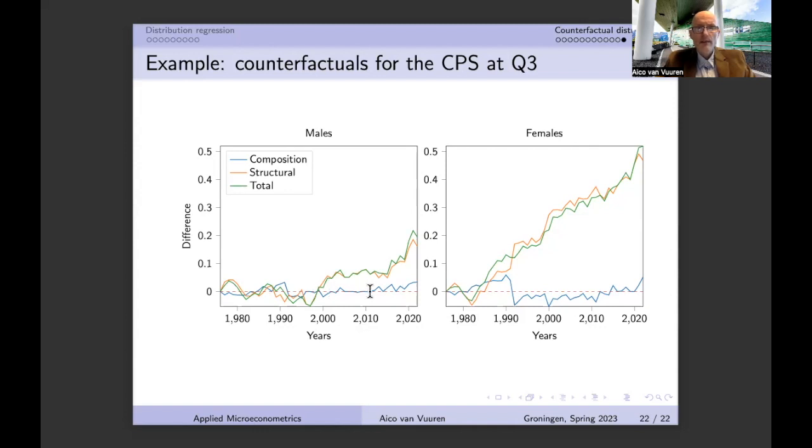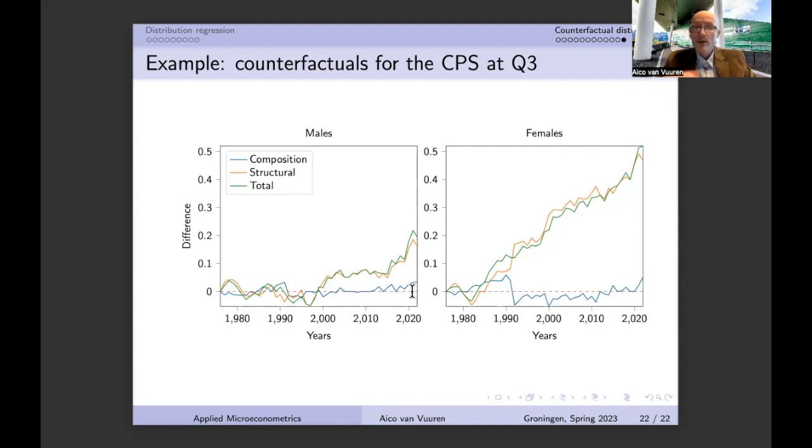You should realize that this is actually about changes in the wages and changes in the composition. Most of these men, given that they're at the highest part of the wage distribution, were already highly educated; they already had a college degree in 1975. So they still had a college degree in 2021.